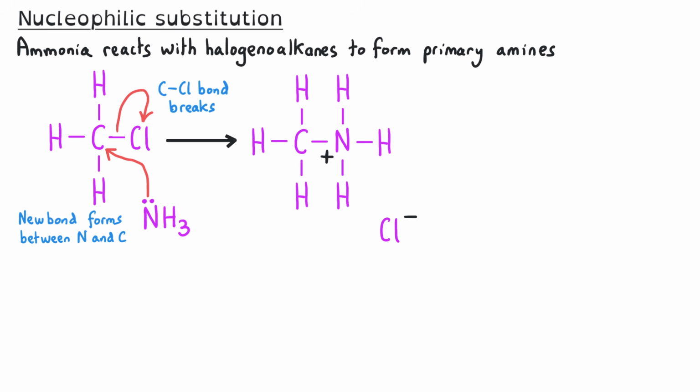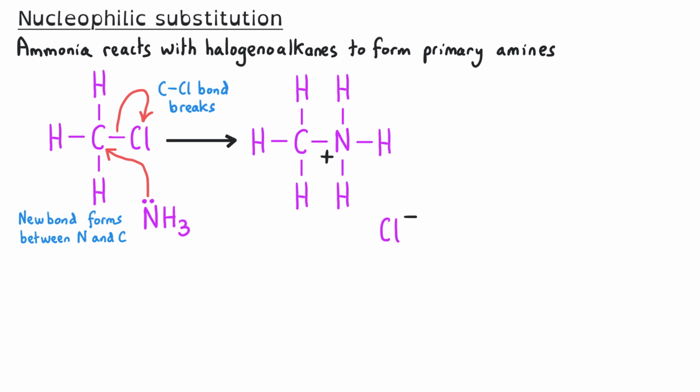This produces these two intermediate chemicals. Firstly, the chlorine atom is now a negative chloride ion, as it took both of the electrons from the bond with the carbon. And the nitrogen atom of this second intermediate is positively charged, because it has shared its lone pair of electrons with the carbon.